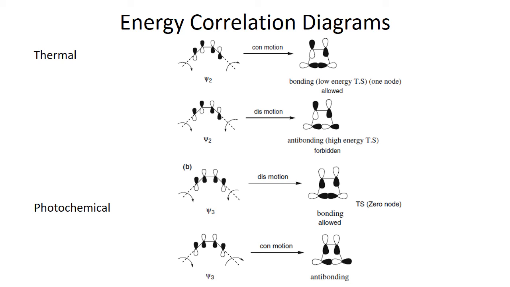In cyclobutene the electrons go in two orbitals, sigma and then pi. So in that case, by disrotation we first move the electron to the sigma orbital.